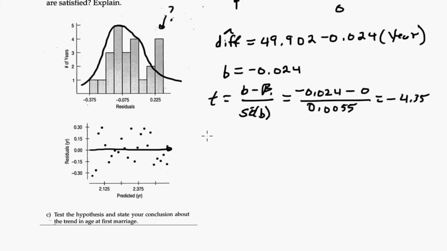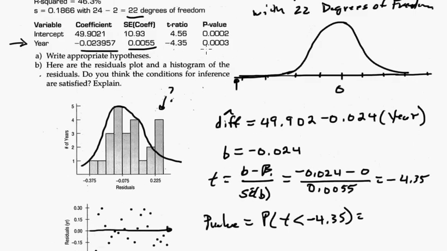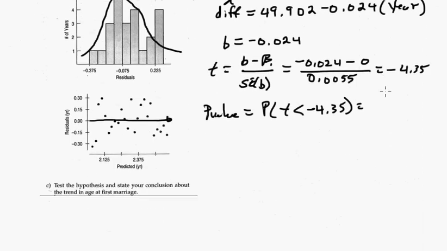Okay, so the p-value is equal to the probability, and it's a one-tailed test, t less than minus 4.35, and we can pick that up right from the computer printout, 0.0003.